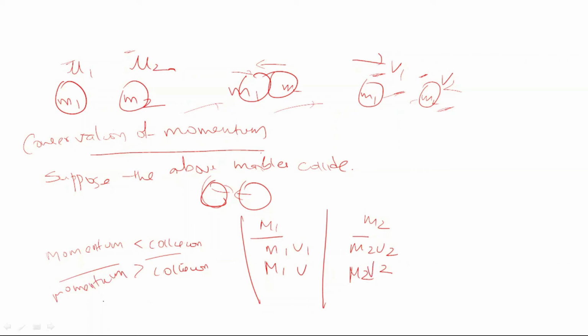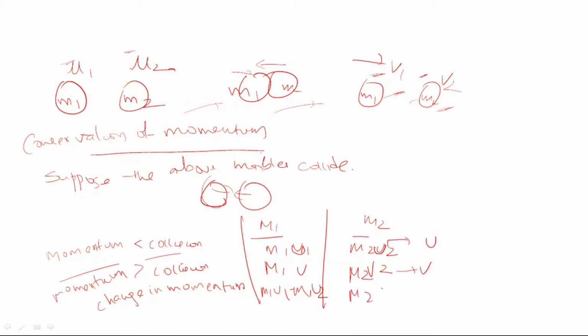Third point, change in momentum, delta P, is equal to m1 v1 minus m1 u1 under marble 1, because of final velocity and initial velocity. Under marble 2, it will be m2 v2 minus m2 u2.